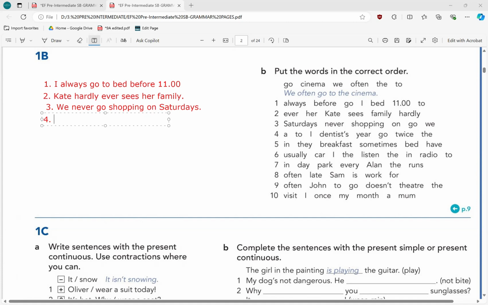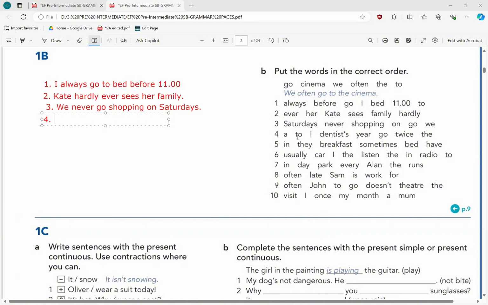Number 4, right? A, 2, I, dentists, yeah, go, twice a day. So twice a year, that's very clear. Twice a year, and that is an expression of frequency. That means we put it at the end of the sentence. So twice a year at the end of the sentence. And now I'm going to put the subject first, which is I. And then I put the verb, go.